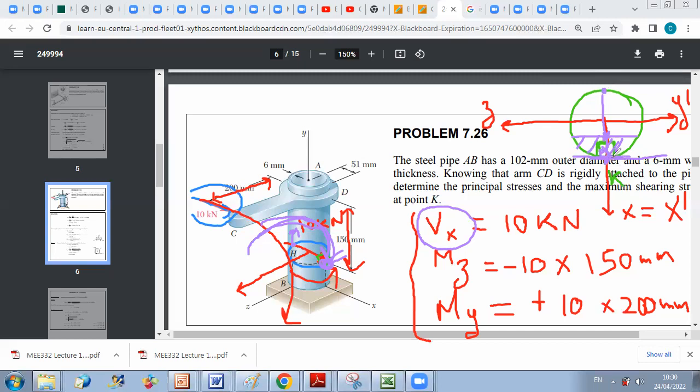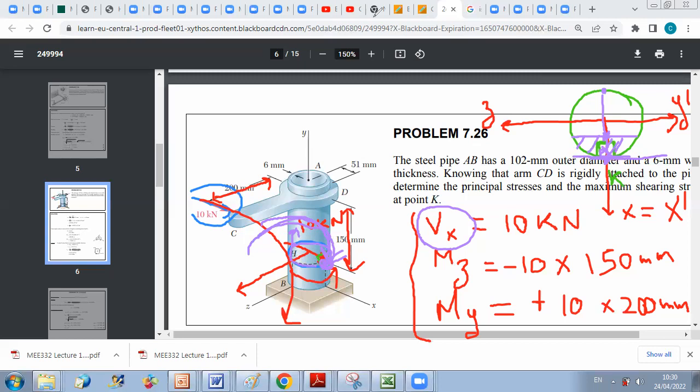So here you can say that the resulting value of sigma on K will be negative because you have a compressive effect. Sorry, sigma along the y axis, because your section is in the xz plane.